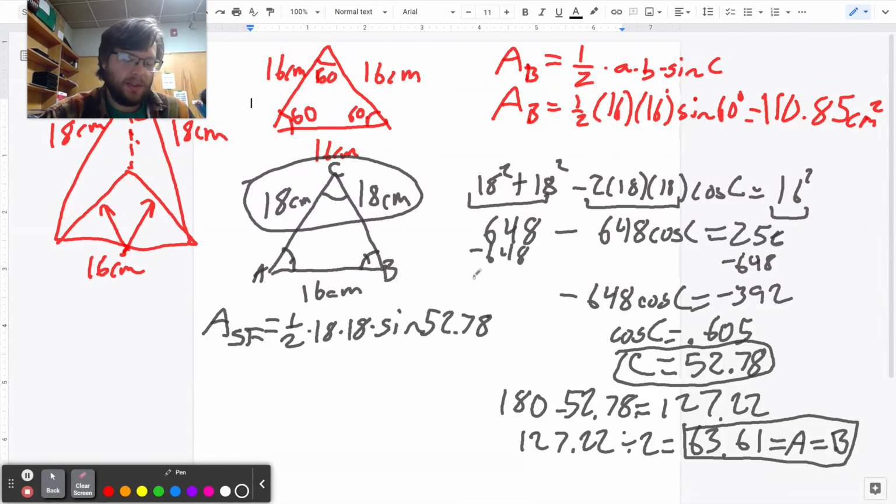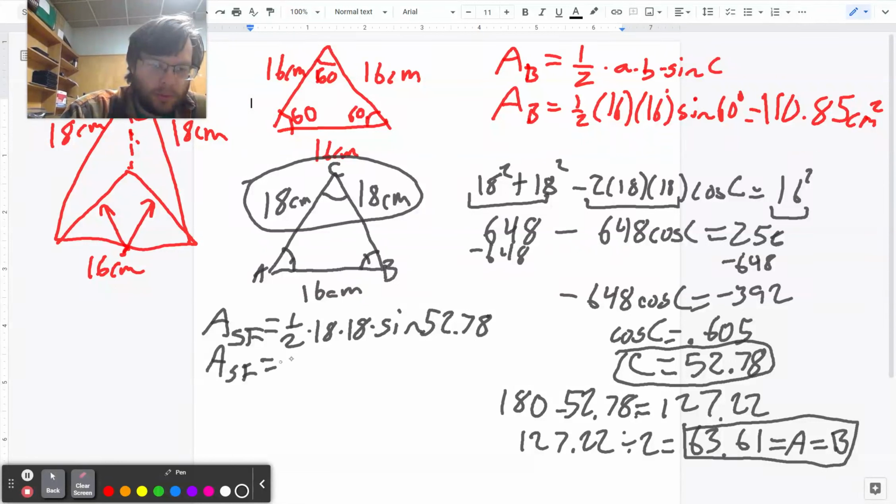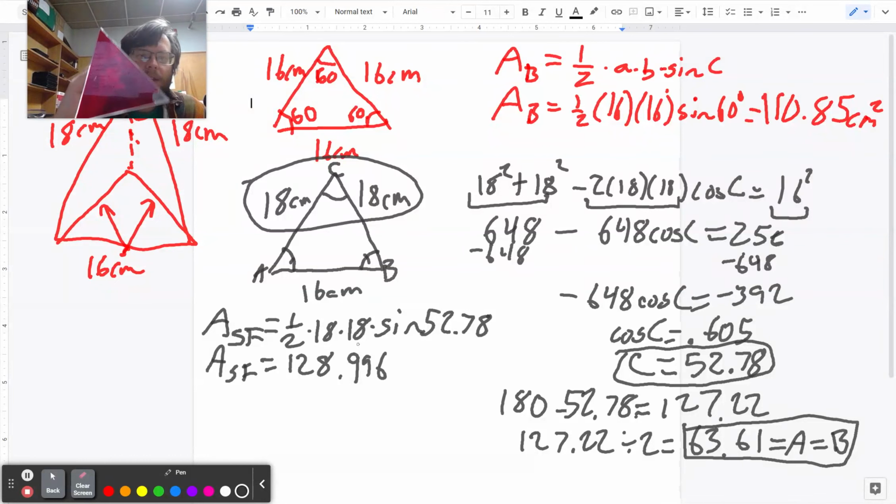Let's just type that in, see what happens. Gives me 128.996. It's good that I got a slightly bigger answer because the base is slightly smaller than one of these sides, so I knew it should be a little bit bigger.